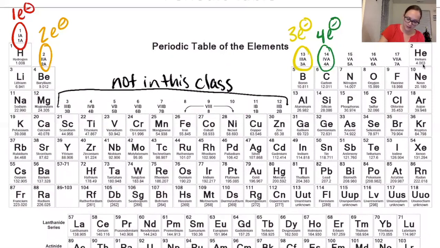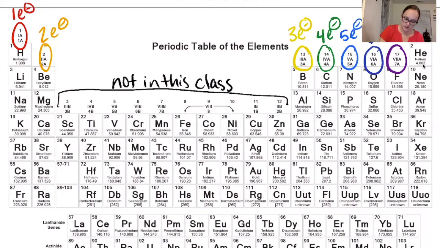5, 15, or 5A will have 5 valence electrons. 16 or 6A will have 6. 17 or 7A will have 7.